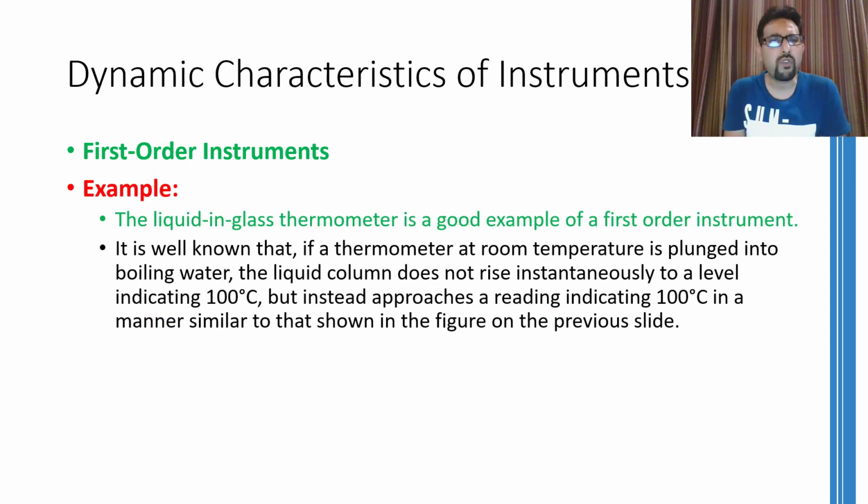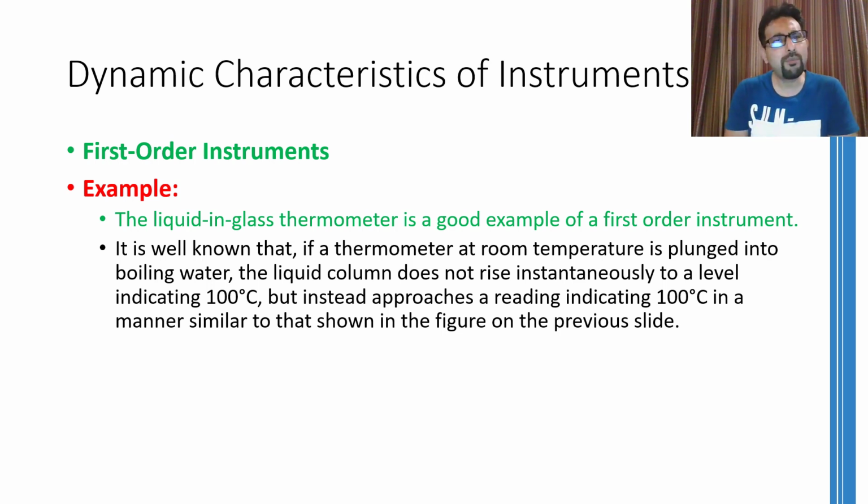Now you must be wondering what kind of instruments exhibit first order behavior? Well, there are many around you. For example, a liquid in glass thermometer. As soon as you place this thermometer into your mouth or into some elevated temperature, the measured value has changed.